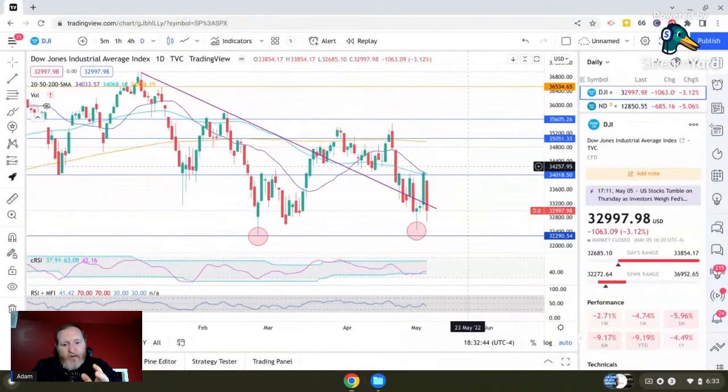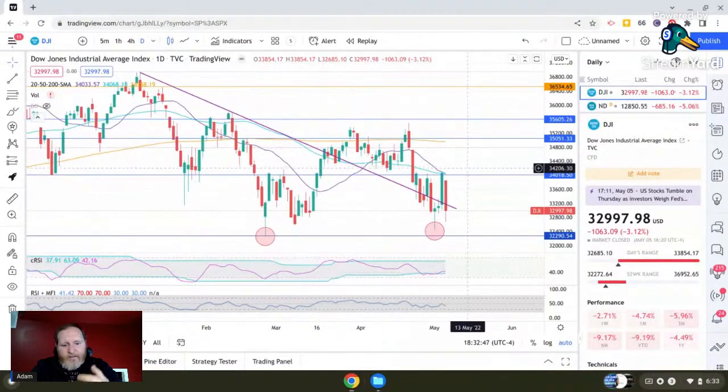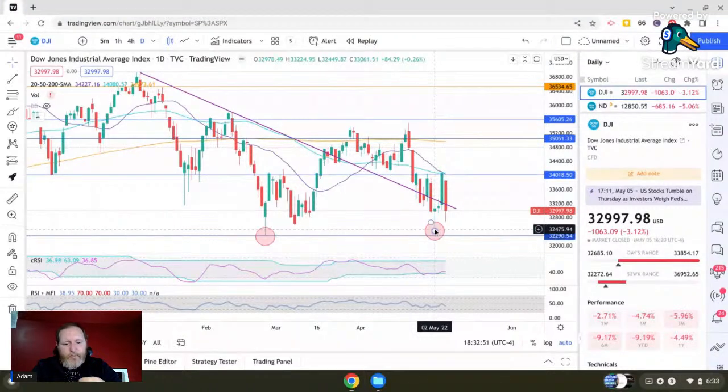And remember, we talked about these odd happenings. The Dow didn't make a new low on May the 2nd, which had me wondering, something's not right. Something doesn't seem right, because the other major indices made a new low for the year on May the 2nd, but the Dow didn't.